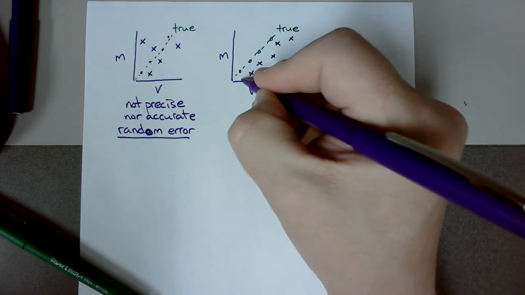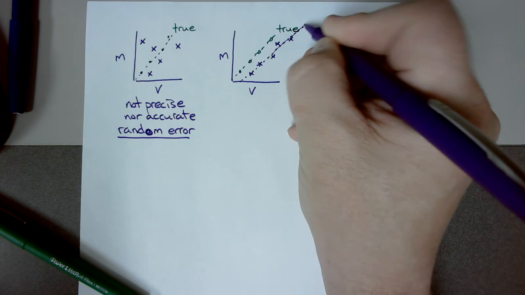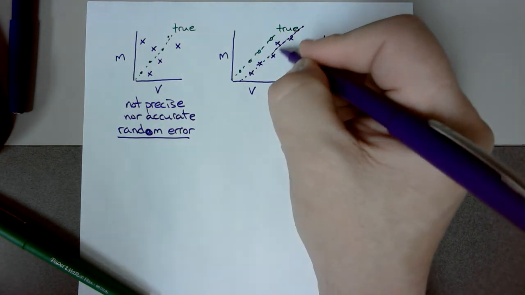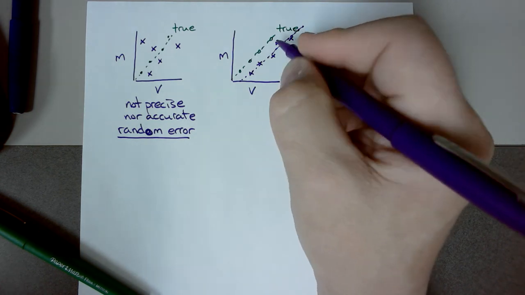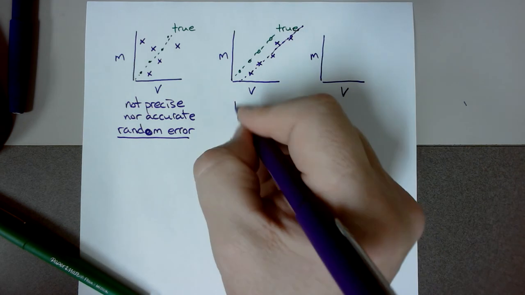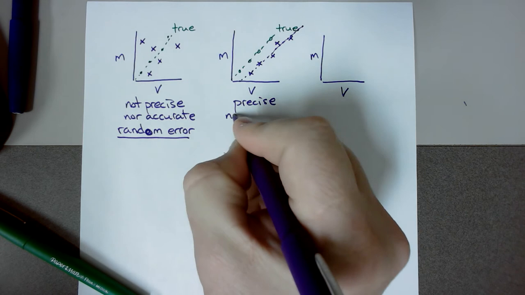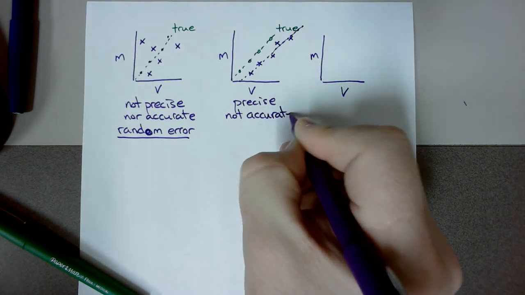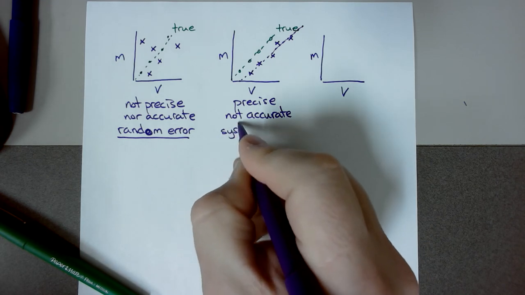If I do a line of best fit, we notice that these are grouped very close together along that line of best fit, but the problem is they do not match the true value. So these are precise but not accurate, and this kind of collection of data is called a systemic error.